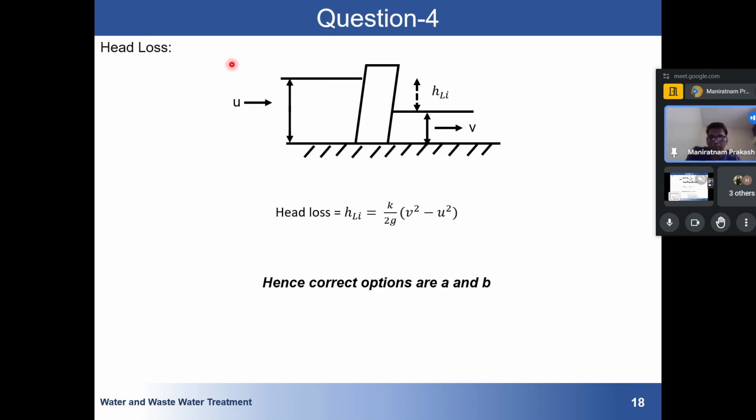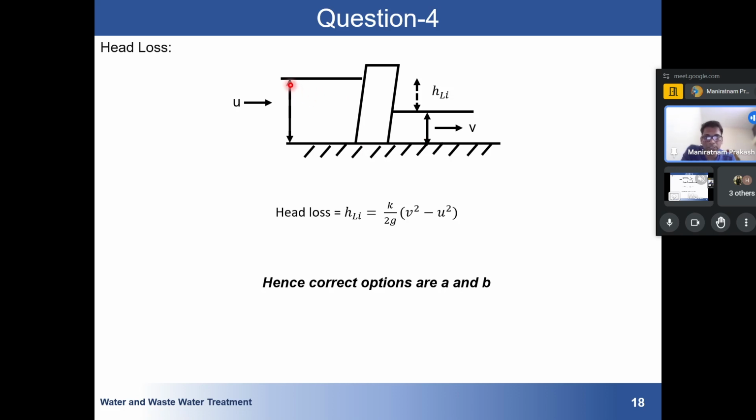The water comes from the pump with velocity u, and when it goes to the other side there is a decrease in velocity, because we are controlling our flow so that the further treatment unit does not get disrupted by a large velocity.